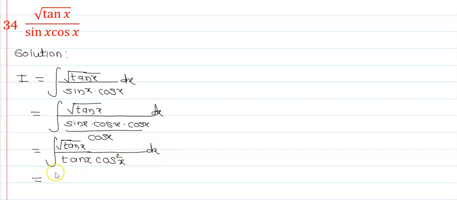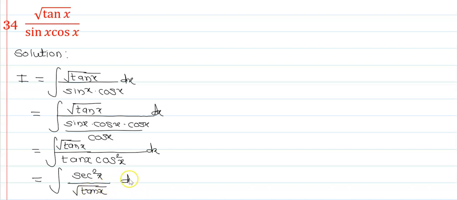Again, root of tan x upon tan x gives root of tan x in the denominator, and 1 upon cos square means sec square x. We write sec square x upon root of tan x into dx.